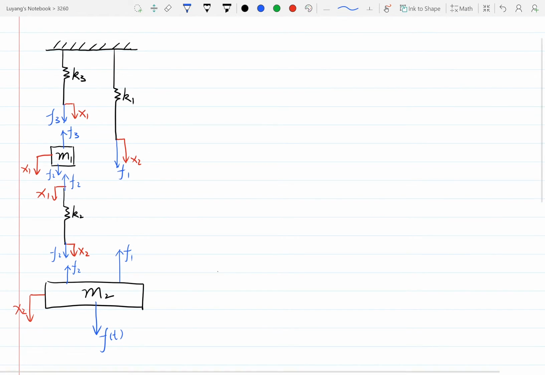Okay, now let's write the equation for each element. For the spring K3, F3 equals K3 times x1.